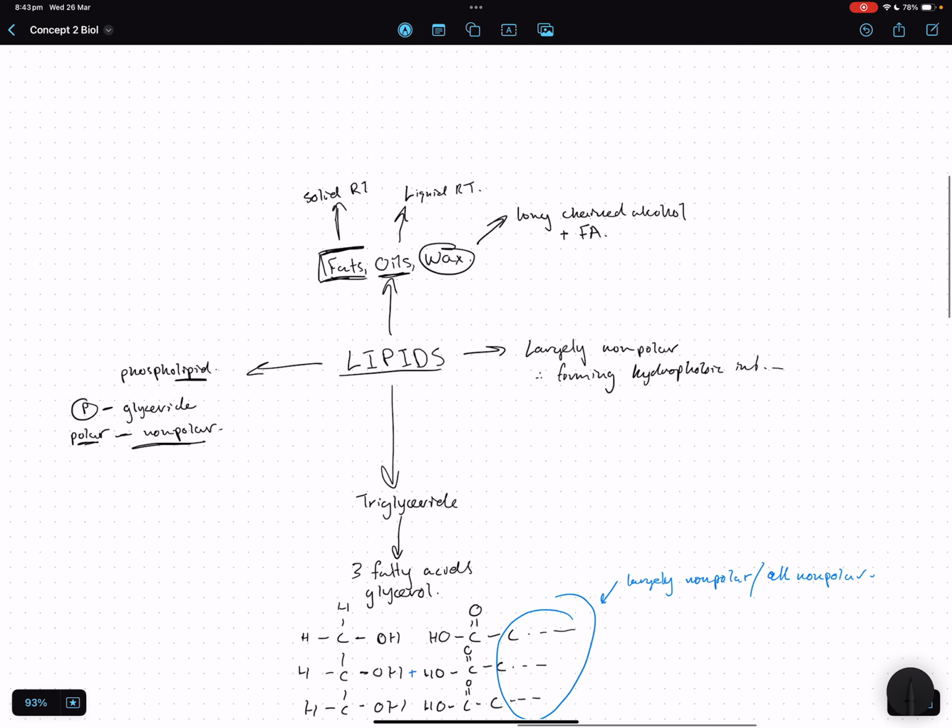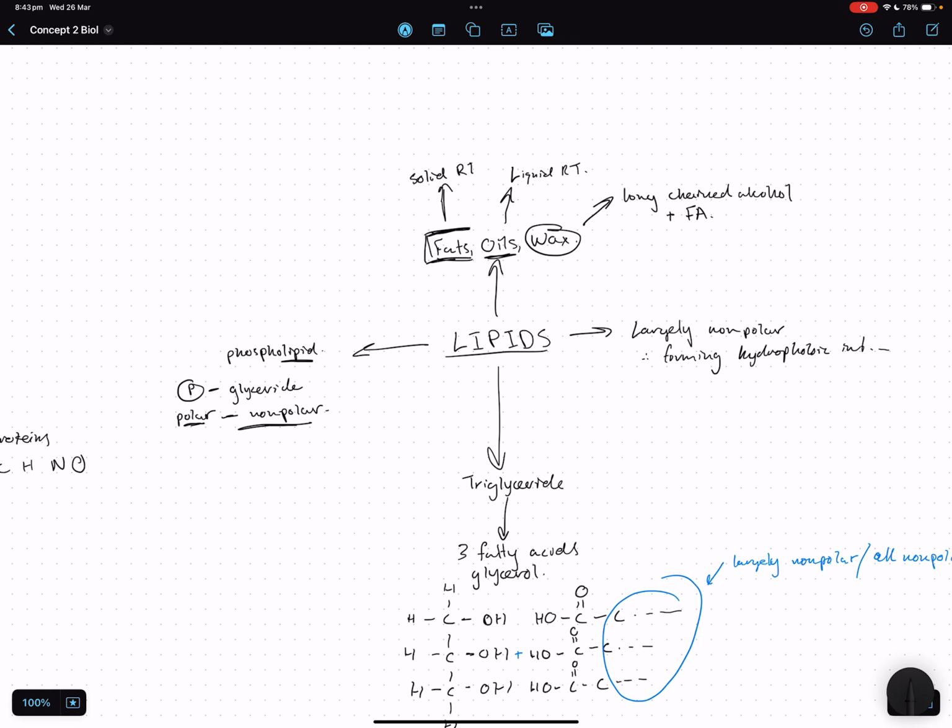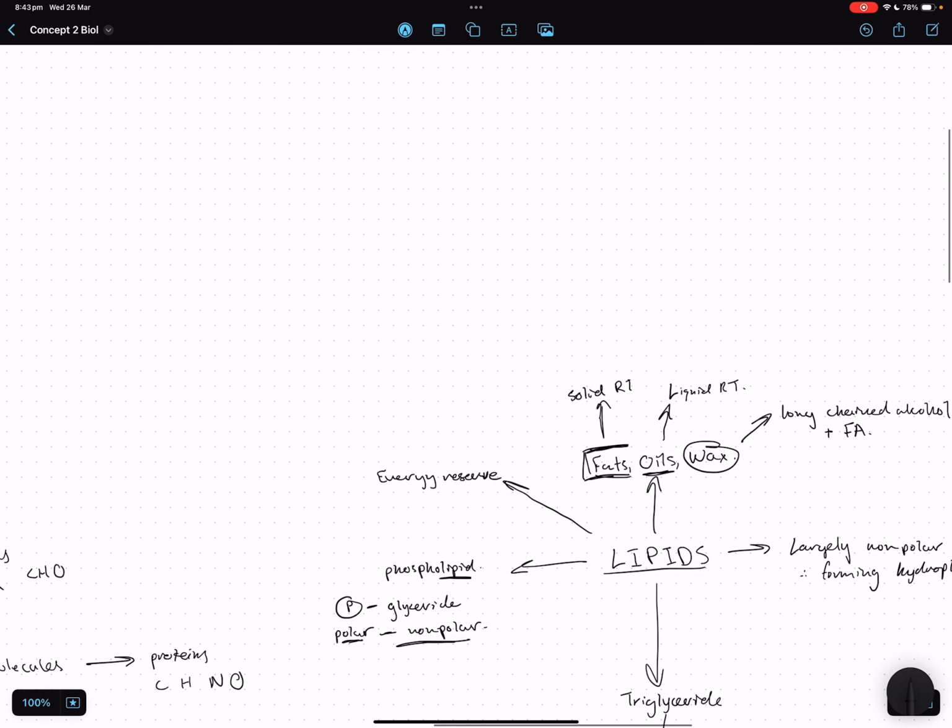So yeah, that's most of what I can say. Lipids are used sometimes as an energy reserve. So we talk about energy density.